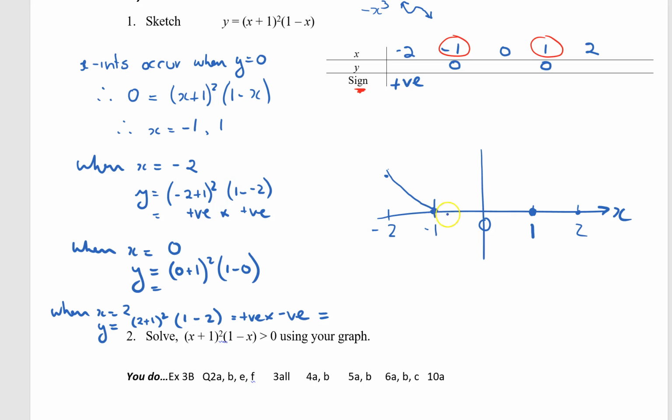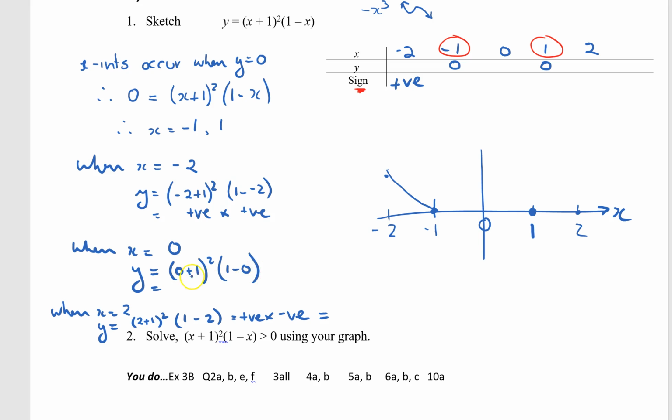Now, I suppose, do we go on down? Do we turn and go back up? What actually is going to happen, we can find out by looking at the sign of the function value, or the y value, when x is 0. So you can see here I've subbed in 0: 0 plus 1, all squared, and 1 minus 0.